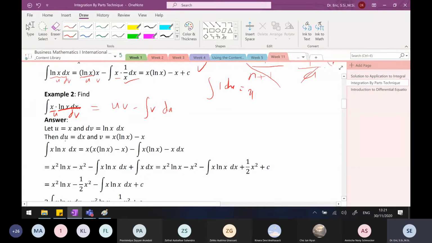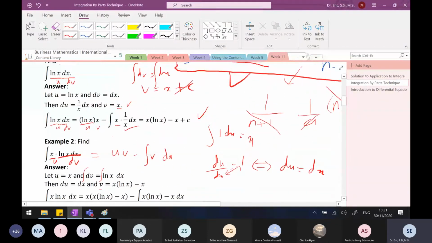What is du? If u equals x, then du/dx is 1. It will give you du equals dx. You just multiply it to the other side. So you have du equals dx. And for dv, integral ln x dx, I have to integrate both the left and right hand side. Integral of dv is v. What about integral ln x dx?